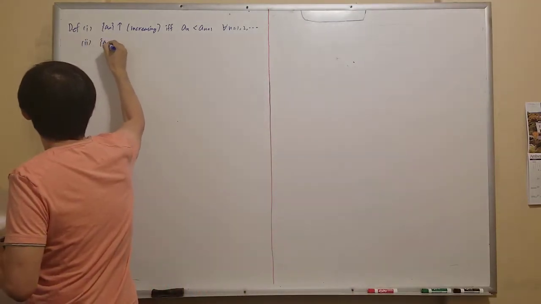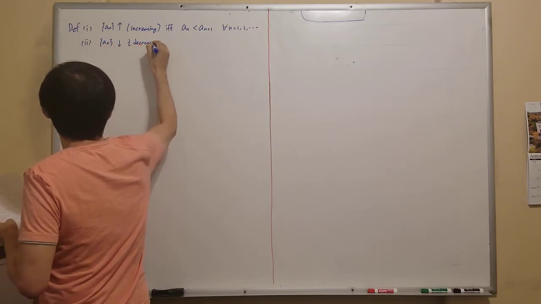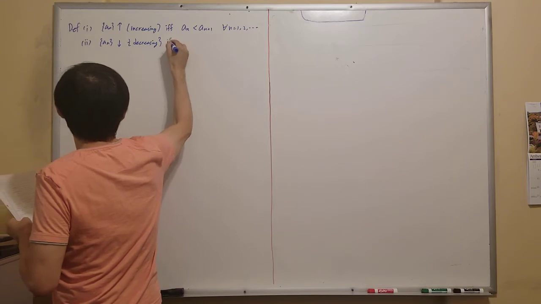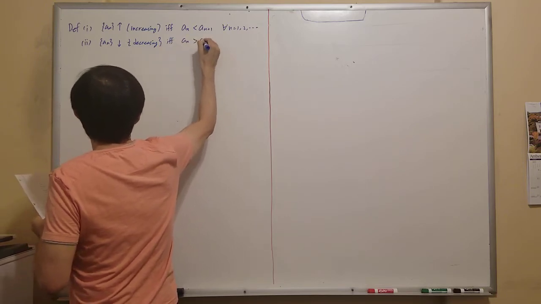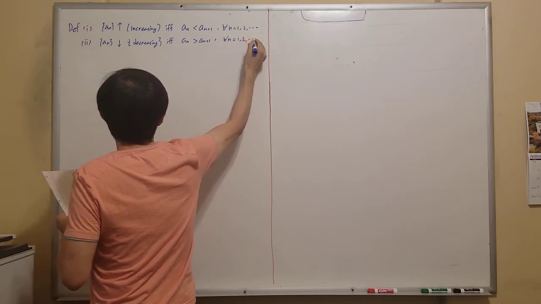Likewise, a sequence is called decreasing if and only if the other way around, for all n.